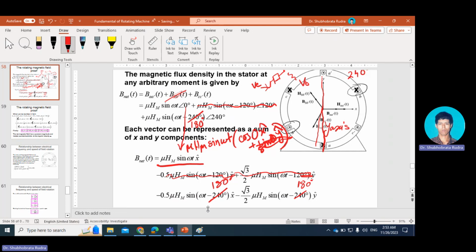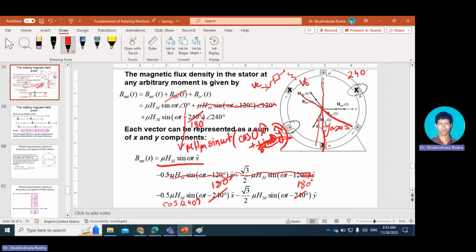Now, how is this minus 0.5 coming? This is basically due to your cosine of 240 degree, because the coil axis C dash is 240 degree away from A dash, right? This is our C dash coil axis. So if you try to measure, you will find that they are precisely 240 degree ahead.